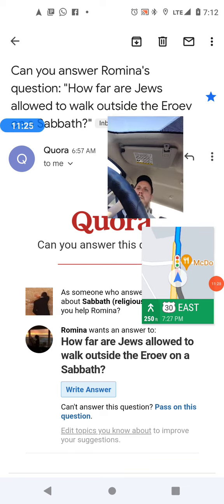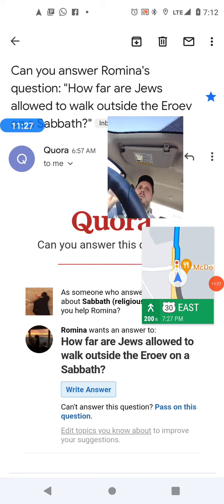And so outside of that city, you can only travel 2,000 cubits in any direction from the borders of where the city is. Even if the city is not a rectangle, we create a rectangle around the city. And then outside of that rectangle, you can travel up to 2,000 cubits, a little bit less than a mile, depending on how big we say the cubit is.